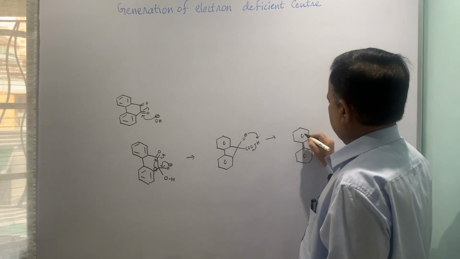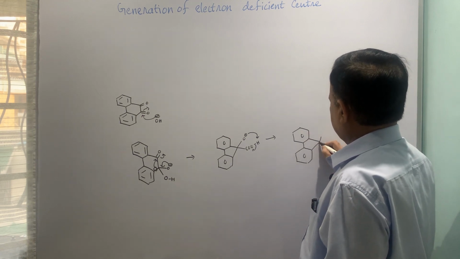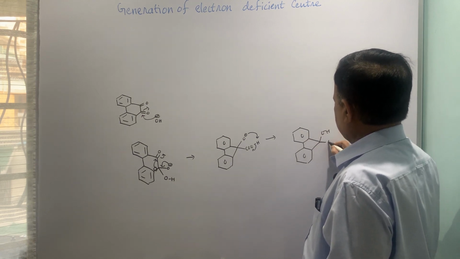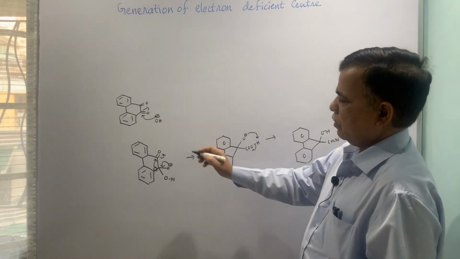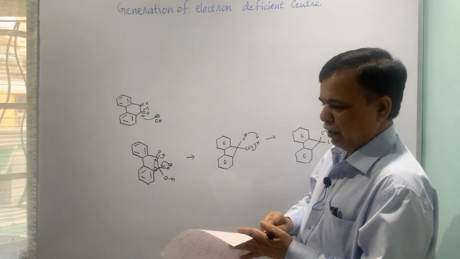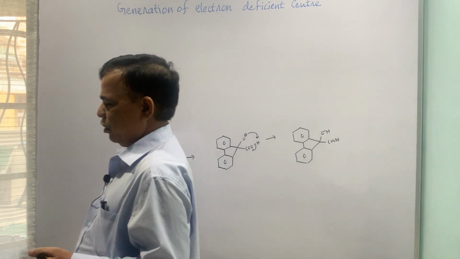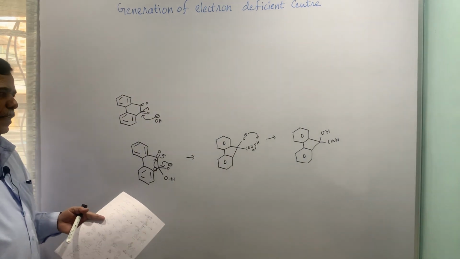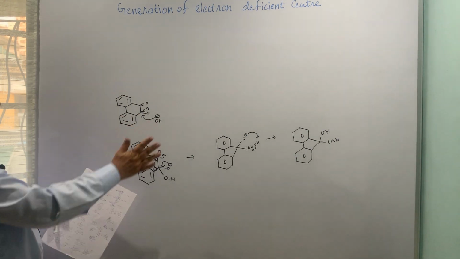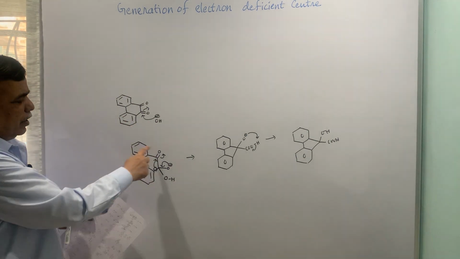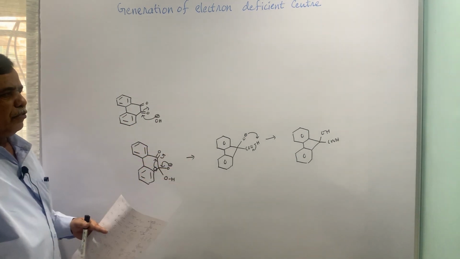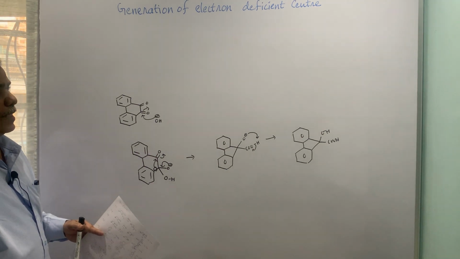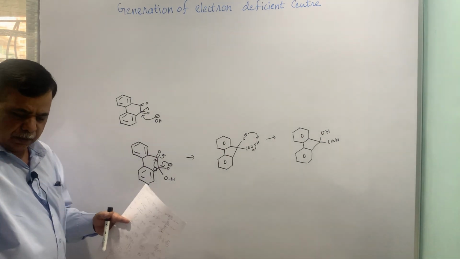So I am just putting the aromatic rings directly, OH, COOH. So this is a 1,2-diketone, that may be benzil, that may be any other compound, alkyl, aryl, diaryl, dialkyl, etc. So this is one of the examples wherein ring contraction occurs and you end up with an alpha hydroxy acid as a product.